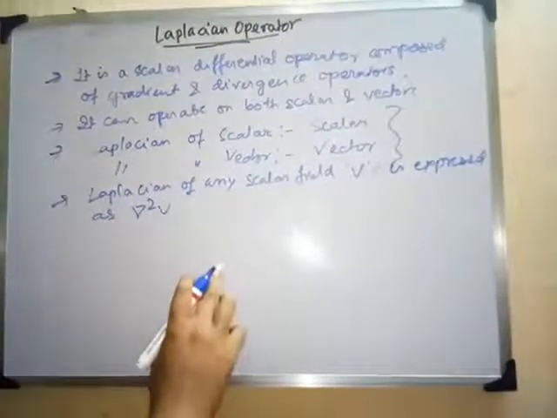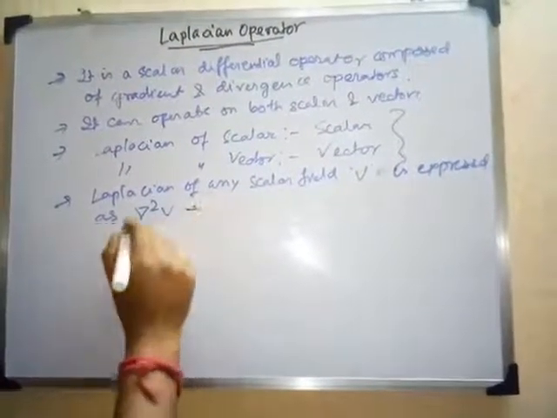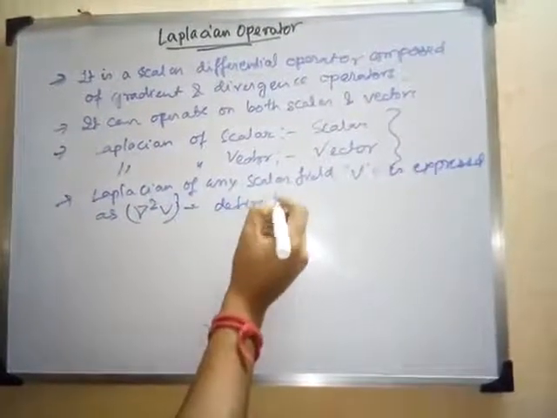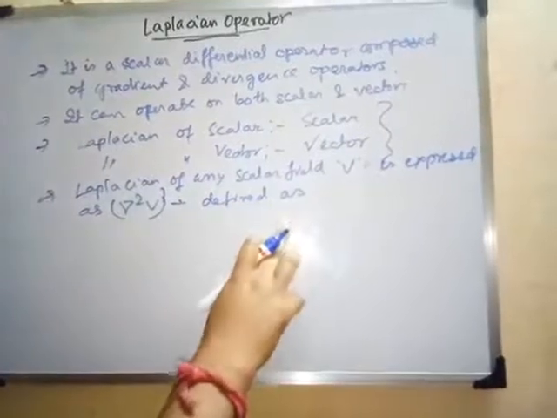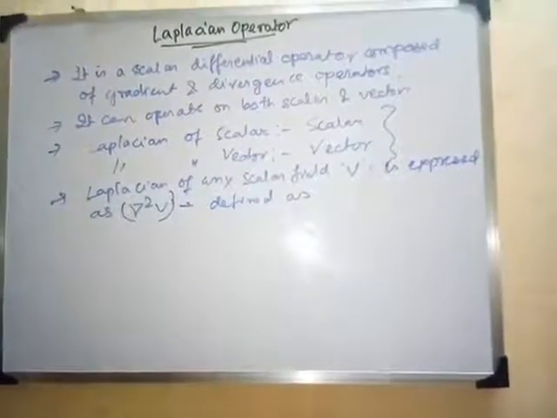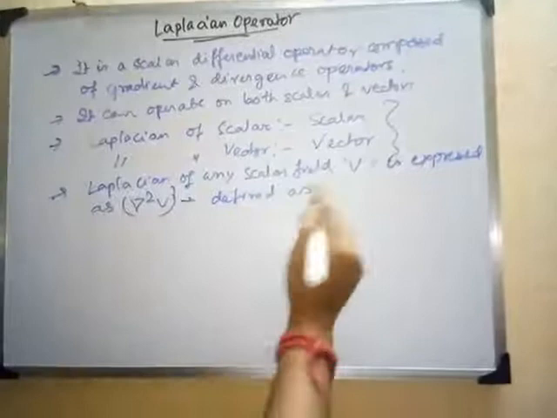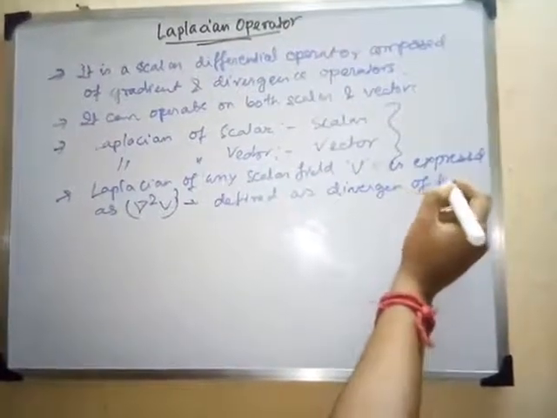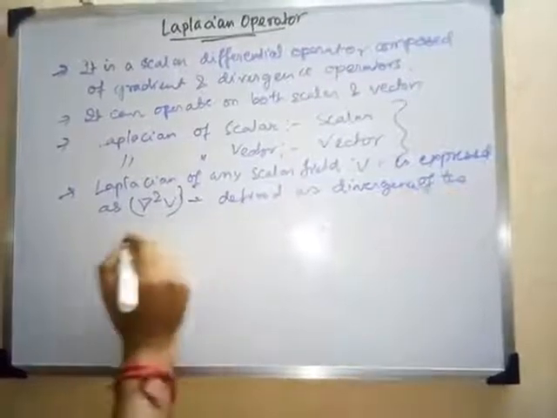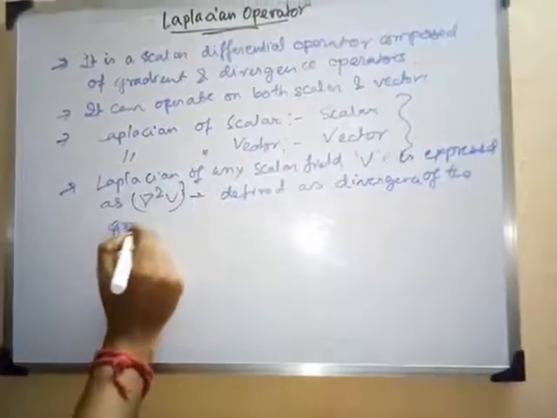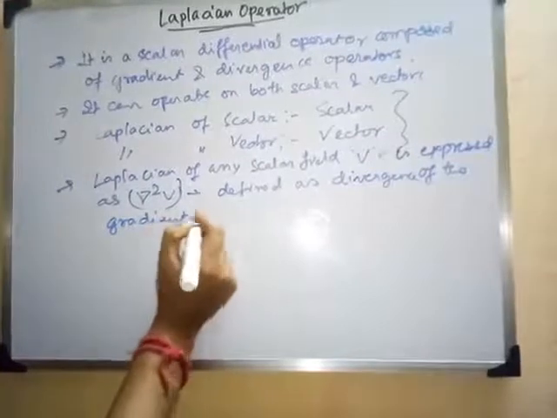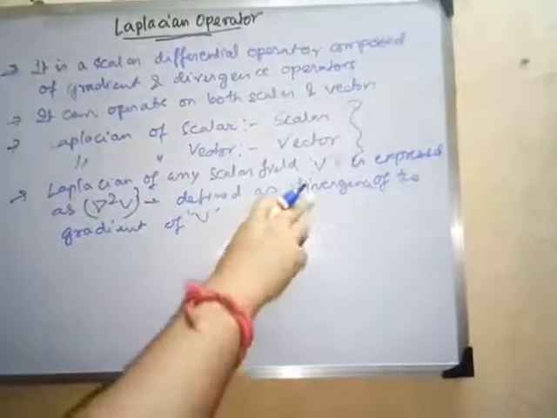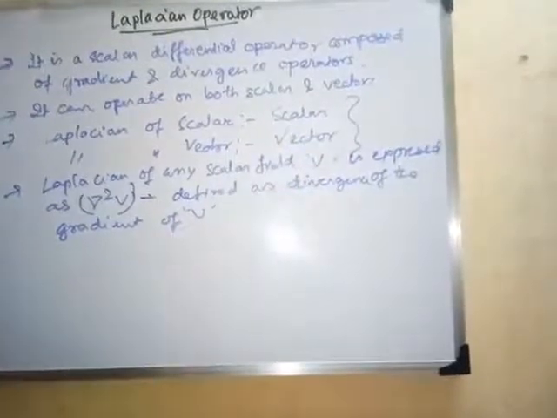This del square V is defined as the divergence of the gradient of V. That means both divergence and gradient are used.